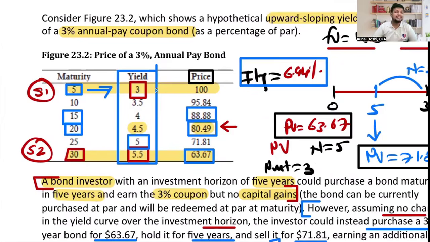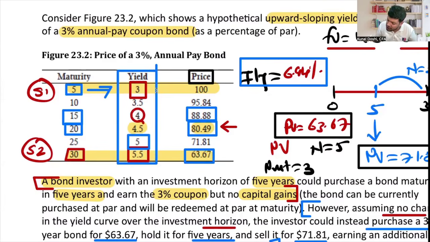But the concept says that here, assuming the bond is now a 15-year bond after 5 years, its risk should be assumed to be the same as a 15-year bond, not as a 20-year bond. So its yield will actually be dropping. And since the yield drops, the bond is now revalued at a 15-year yield, which is 4%.